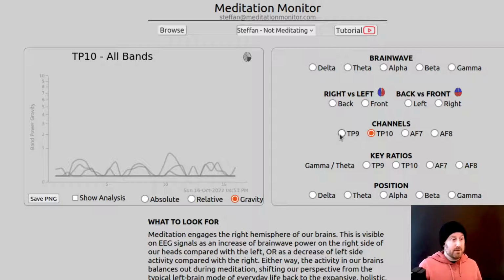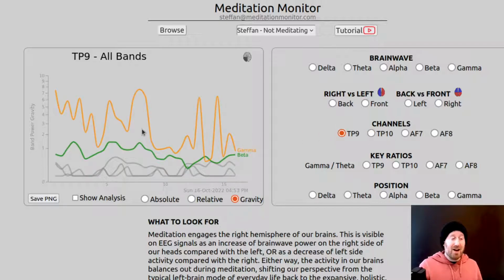So for me, not meditating, TP9 has quite a lot going on, which makes sense. Left brain activity, really common for focus. I think I was doing some work here. A lot of gamma going, gamma as a way of understanding attention. It makes sense that it would be focused on the left hemisphere, gamma and beta. I think these are basically attention waves.